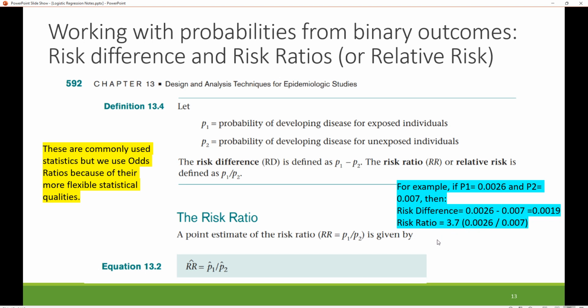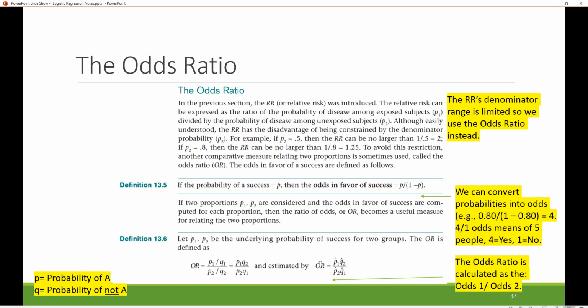These are commonly used statistics, but we use odds ratios because of their more flexible statistical qualities. And so we're starting here as one possibility of how to use probabilities, but as we're going to see in this next slide, there are limitations to what we can do with risk ratios or risk differences.